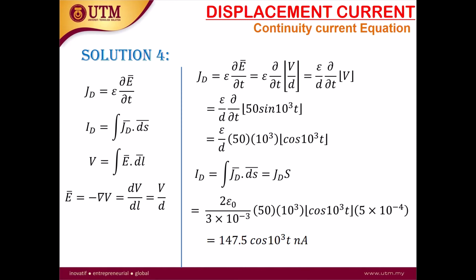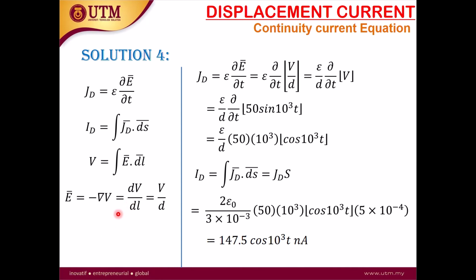So for the solution, first we have to determine the displacement current density. The formula is basically del D over del t, or epsilon del E over del t. So I_D is equal to the integration of J_D dot dS. And we know that the electrical potential V is equal to the integral of E dot dl, and E is also equal to the negative gradient of V. This is what you have learned in chapter 4.